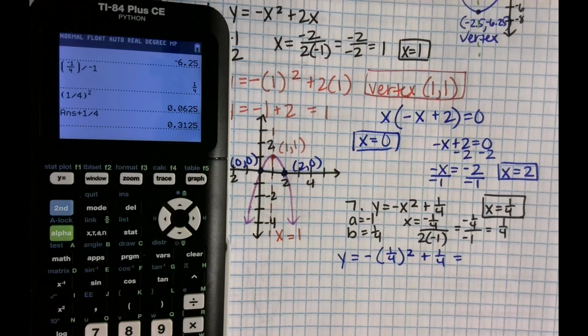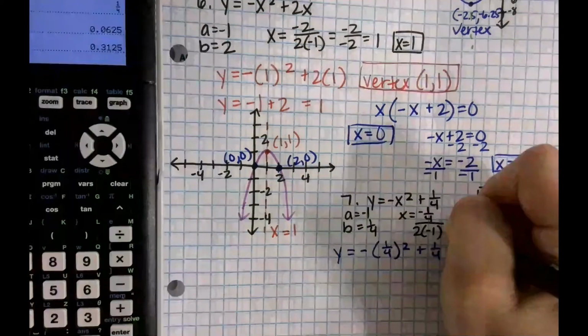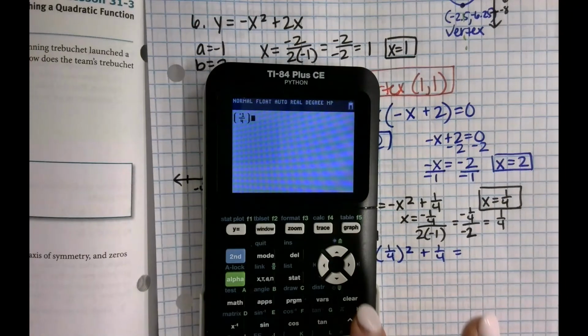What is going on? Oh, you know what? This is -2, so hold on, let's go back. That is not correct. Go back here to -1/4, so let me do my fraction mode.